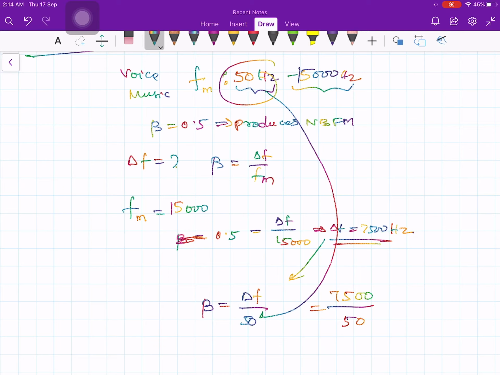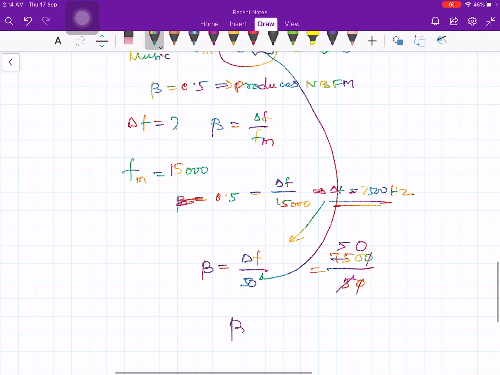Now what will happen to your beta value? This one will get cancelled, 15 times 5 and 5 times 75. It is how much? 150, is it correct? No. 7500 divided by 50 is 150. Yeah, that's right, 150 times. Therefore, beta is equal to 150.